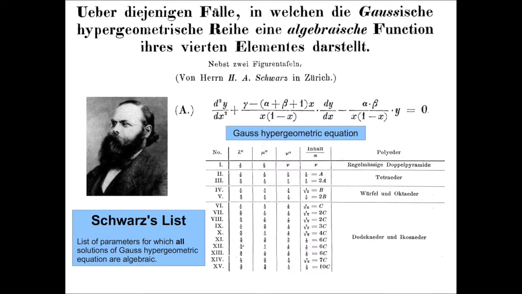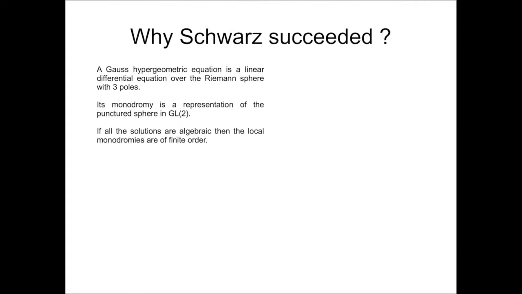It's really one of these limit cases where it's not trivial at all, but it's still simple enough to be solvable. After the work of Schwarz, where he determined completely the list of parameters alpha, beta, for which all solutions are algebraic, people started to look at the general problem.